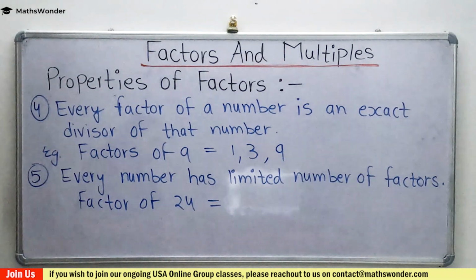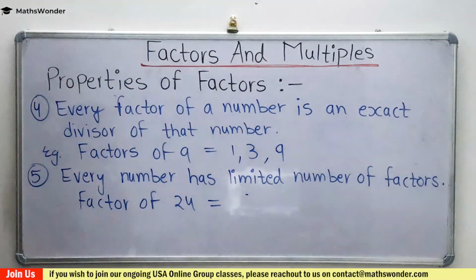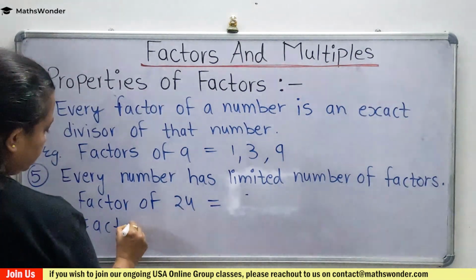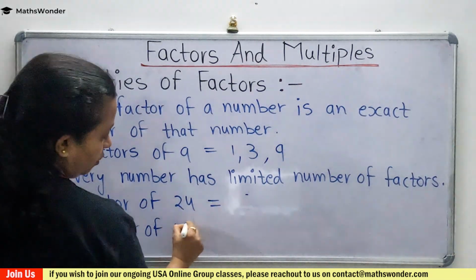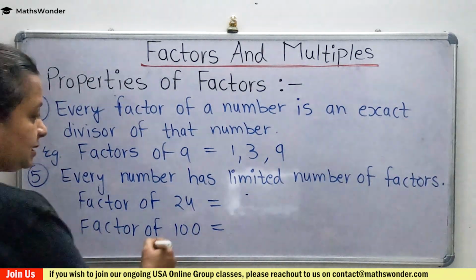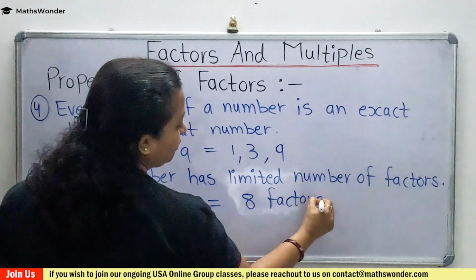So suppose you find the factors of 24. 24 has 8 factors. If you find the factors of 100, for example, you will get 9 factors. You can find them if you want.